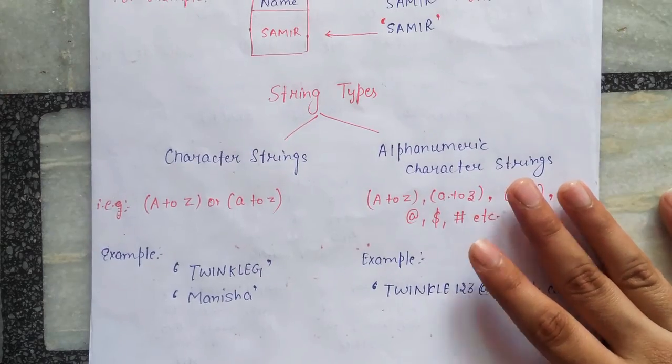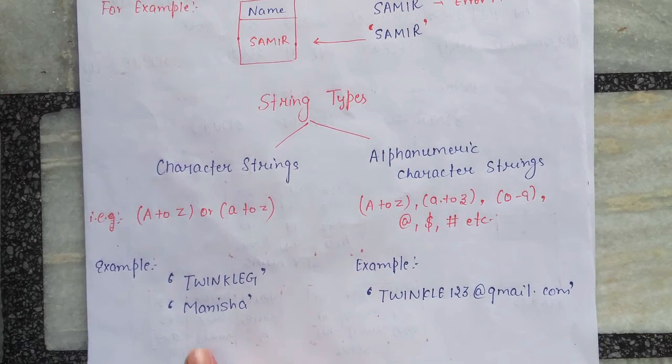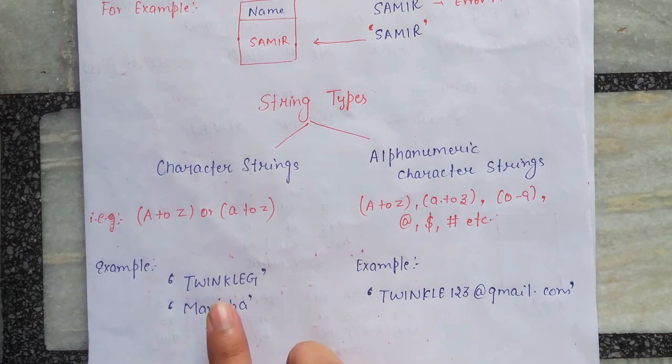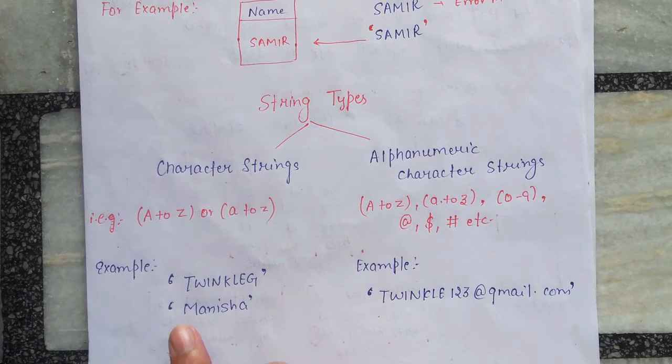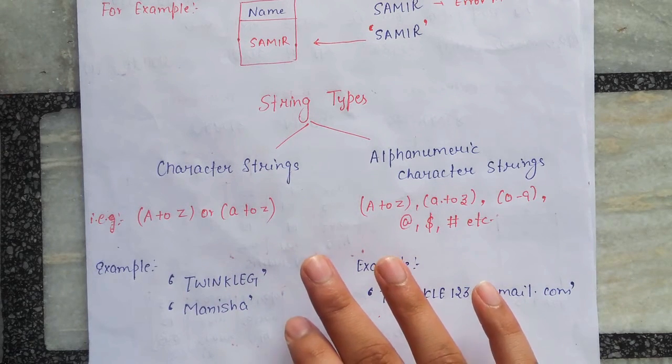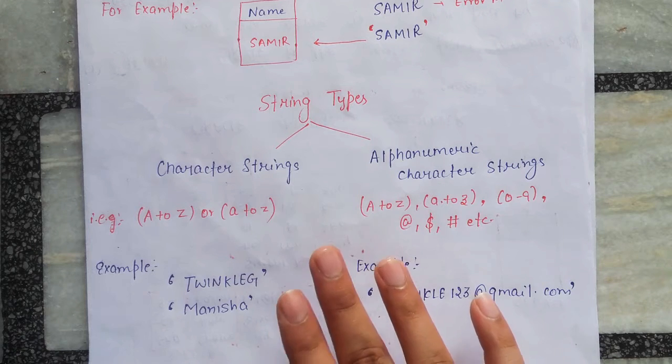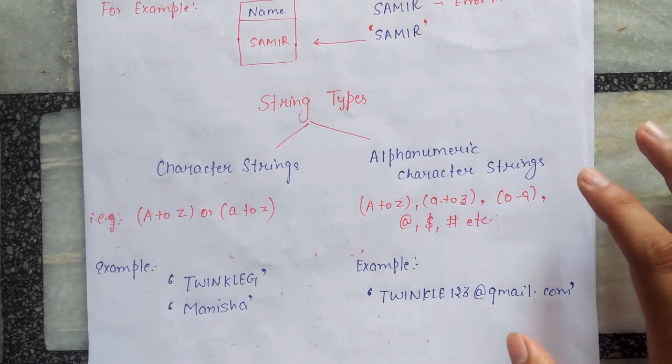For example, I've written two examples of character strings over here. Firstly, I've written Twinkle G. See, it consists of only letters, English alphabets, and this also consists of English alphabets. Whether capital or small doesn't matter; it consists of a mix of the two, but only character values. So this is a character string. Now, what is an alphanumeric string?